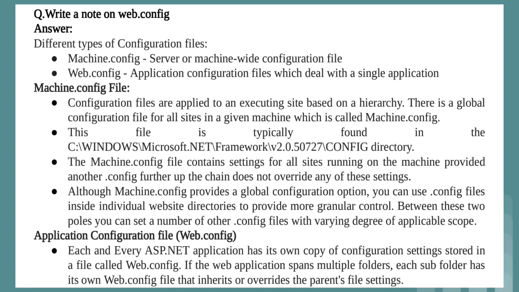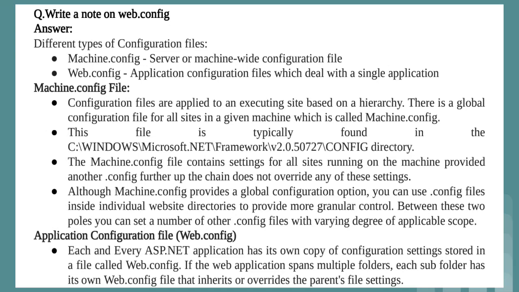Whatever settings we make to this web.config file will be applicable to all the web pages which are part of your website, because we never have more than one web.config file for an entire website.